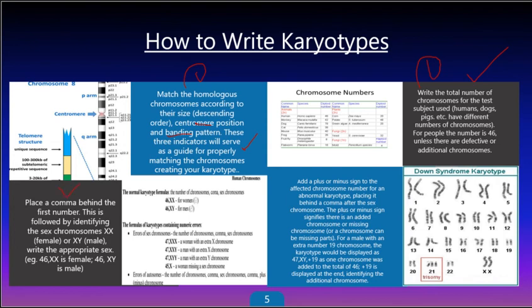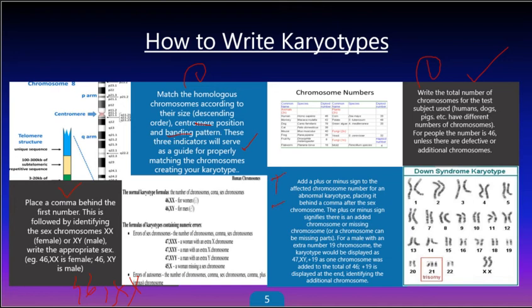Next, place a comma after the first number. This is followed by identification of the sex chromosomes. 46,XX means 46 is the total number of chromosomes and XX is female. 46,XY means 46 total chromosomes and XY is male.